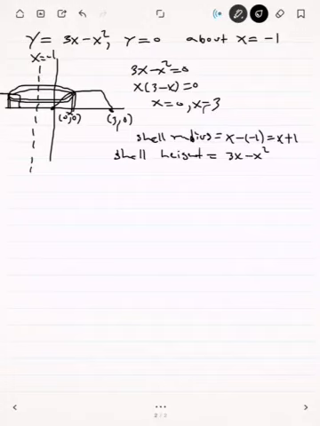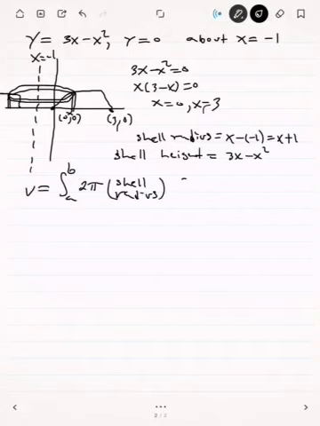Anyway, the volume then, the original region goes from 0 to 3, so the volume will go from, again, A to B. I recommend this formula rather than anything else. So it's always from A to B if you revolve about a vertical line: the shell radius times the shell height with respect to x.